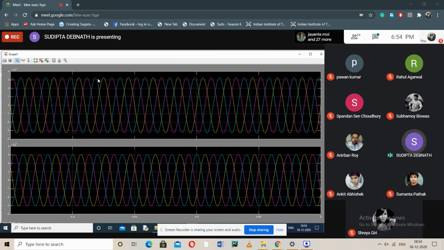The maximum value you can measure from here. 326.59, yes, 326.5, isn't it? 326.598. Almost 326.6. Okay, 326.6 you are having. 400 by root 3 into root 2.